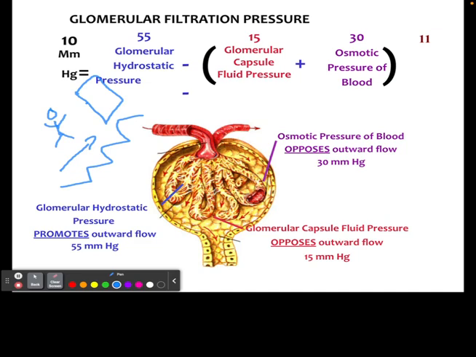Well, the refrigerator is pushing back at you. The osmotic pressure and the glomerular capsule pressure of what's around it is pushing in your direction. It wants to go back down the stairs, but that's not what you want. You are the glomerular hydrostatic pressure. You are pushing the opposite direction. You want it to go up the stairs.